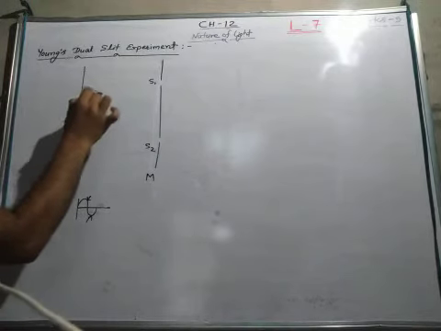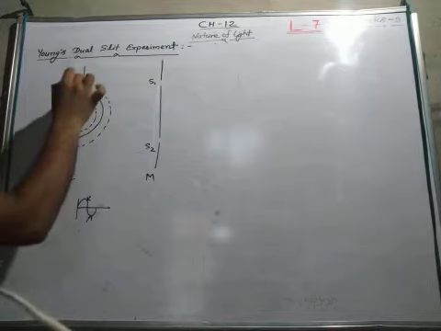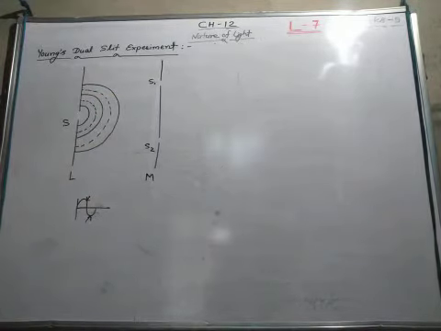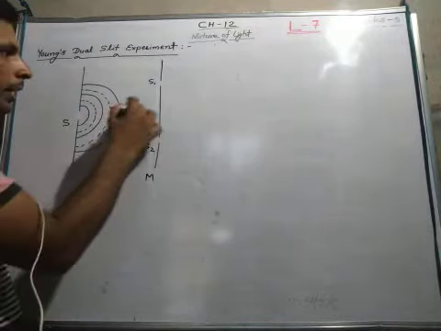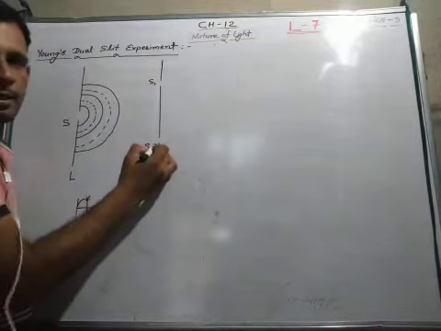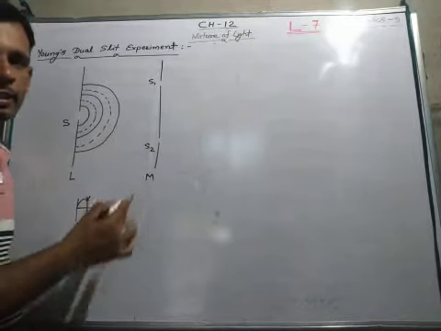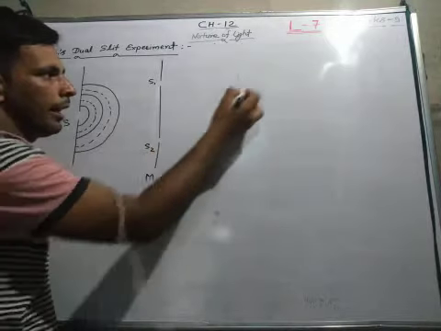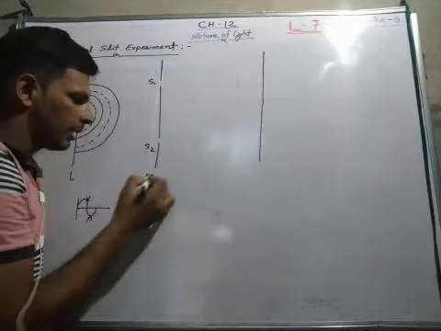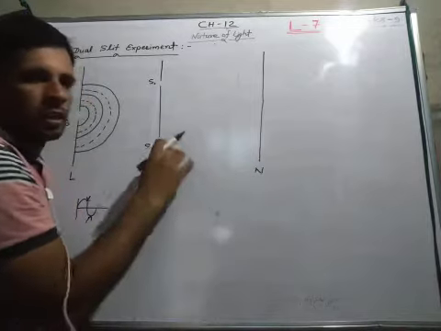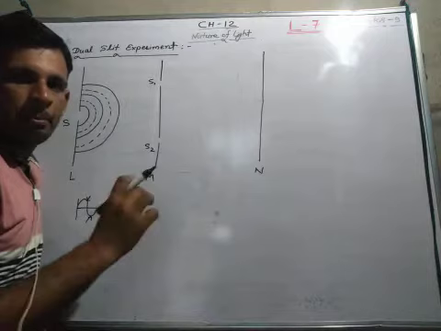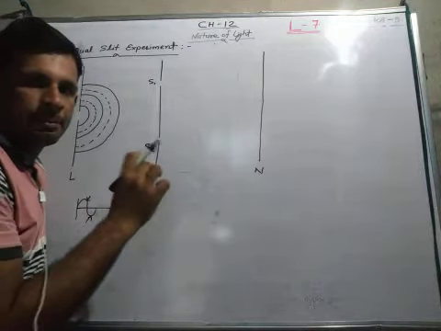After that, the wave reaches the S1 and S2 slits and passes through them, and between screens M and N, the waves are superposed on each other and make an interference pattern.